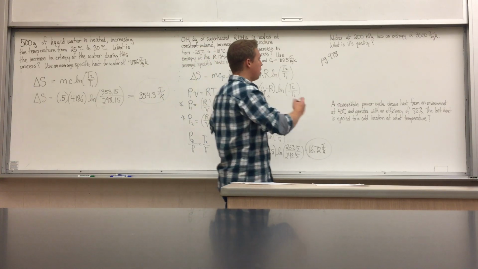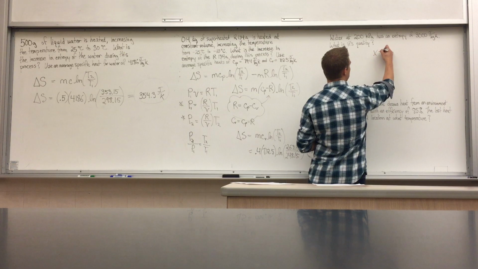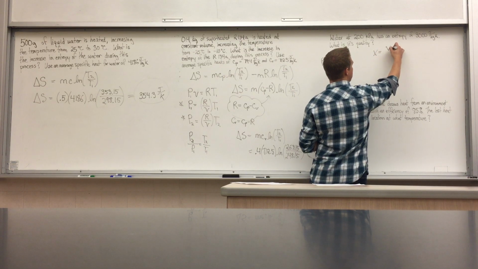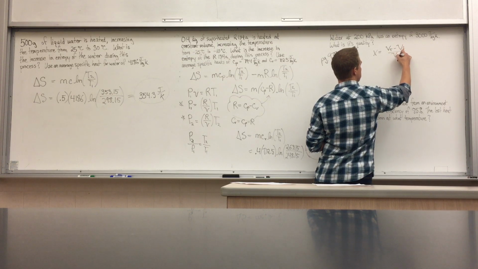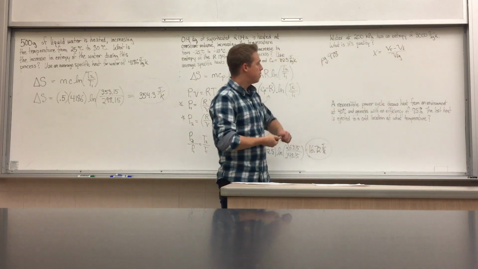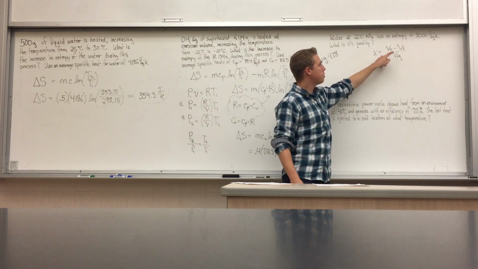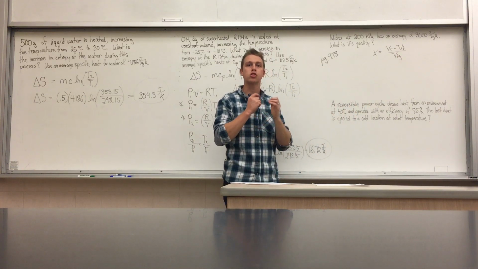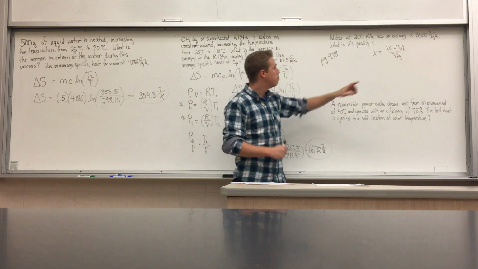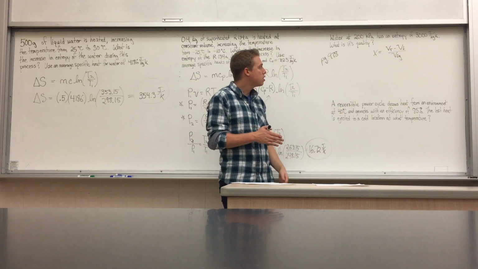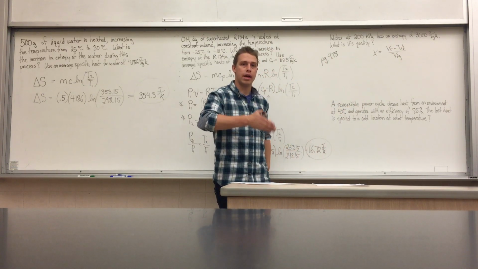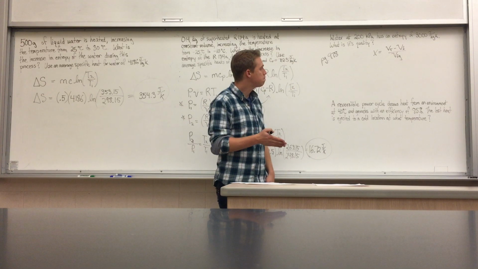So if you recall the formula we had for quality before, we did it in terms of specific volumes. And here's what we had. It was VT, meaning specific volume total, the one we actually had, minus VF, the specific volume at which the saturated liquid line was, okay?